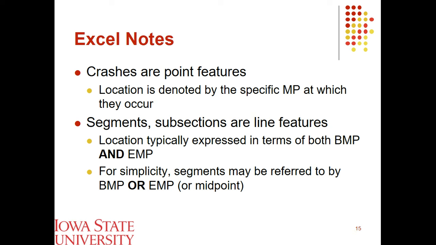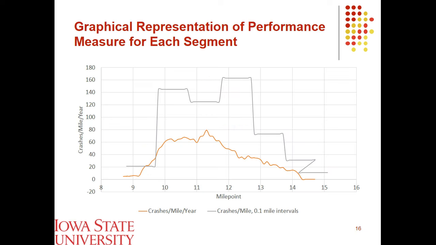So the way we discussed for most of it today, even though I actually went back and kept repeating myself several times, was that we can discuss line features in terms of both beginning mile point and end mile point, or for simplicity, we can just pick one or the other, or even the midpoint as we had done in the sliding window method. And as long as we're consistent, it shouldn't be too much of a problem.